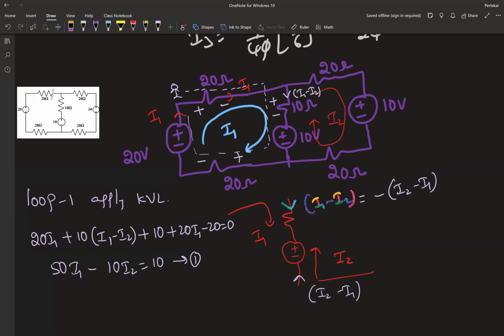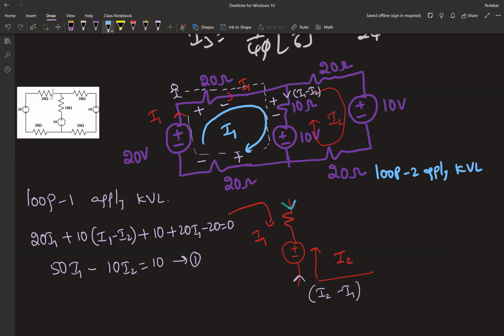Okay, sounds good. Now I'm going to take the loop 2 equation and apply KVL in loop 2. Now, when I'm in loop 2, I'm going to assume I2 is bigger than I1. That gives me an equation of the form I2 minus something equal to 0.